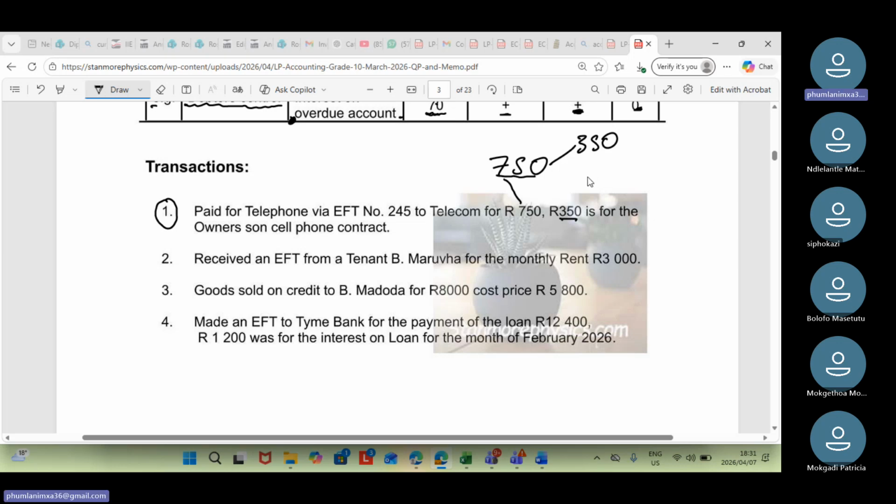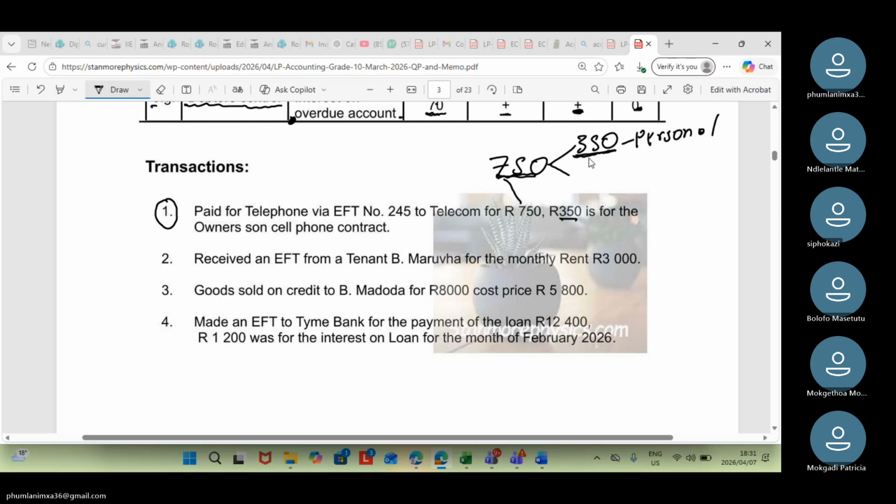It means now on your side, guys, from the 750, you are paying a telephone bill for the owner's son of how much? 350. This is for personal use. So if you're going to say 750 minus 350, can you do that? 750, the total amount that we paid, we minus the personal side of that transaction where we're paying the owner's cell phone contract of 350.